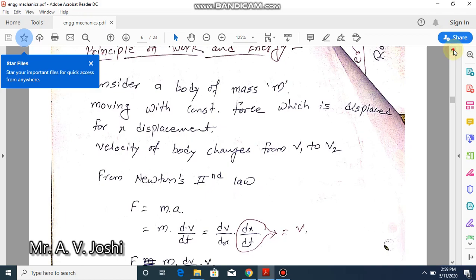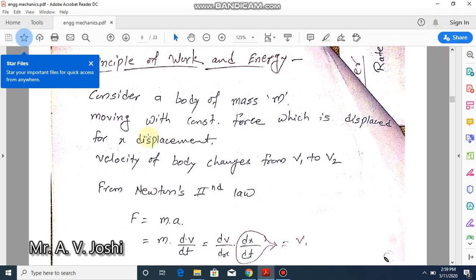The next point is the principle of work and energy. Consider a body of mass m moving under a constant force, displaced by x. The velocity of the body changes from v1 to v2. From Newton's second law of motion, we have already found that force F equals mass into acceleration.